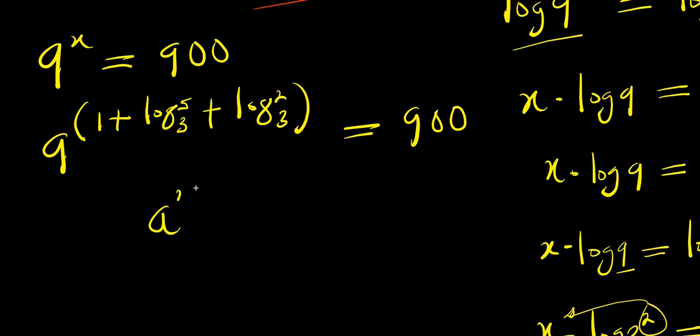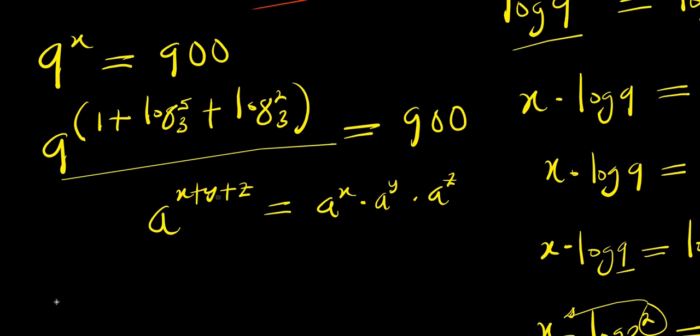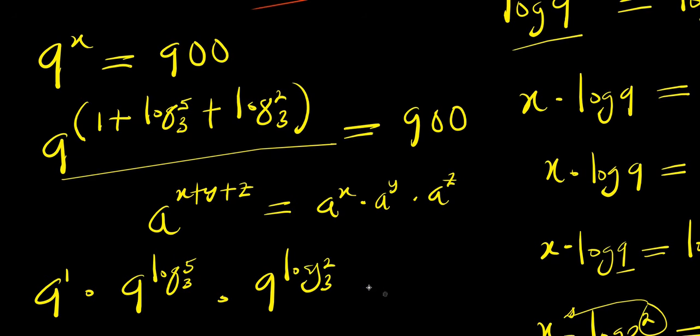If you have a power x plus y plus z, this equals a power x times a power y times a power z. We apply that here. We have 9 power 1 times 9 power log 5 to the base of 3 times 9 power log 2 to the base of 3 equals 900.